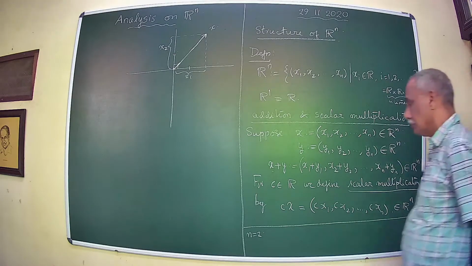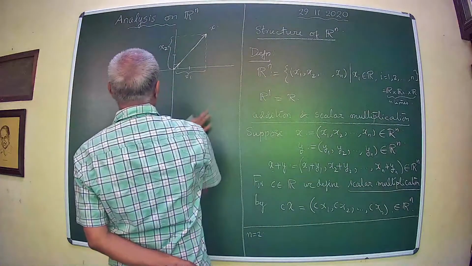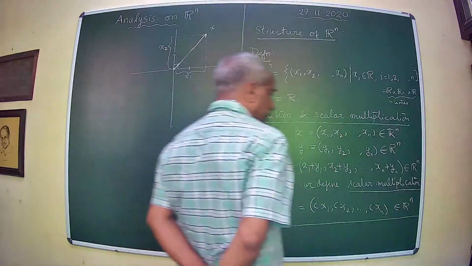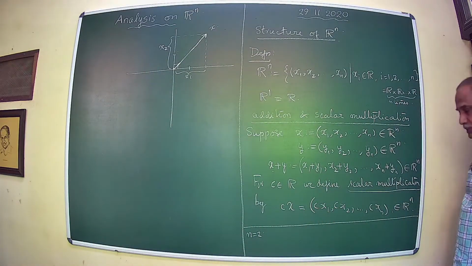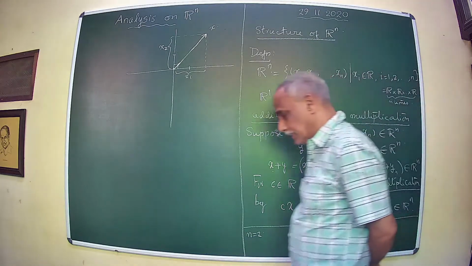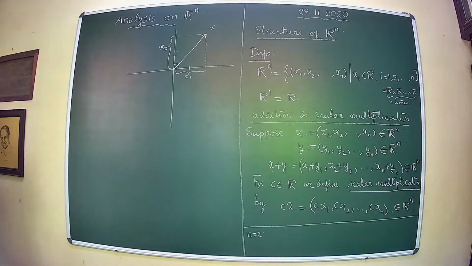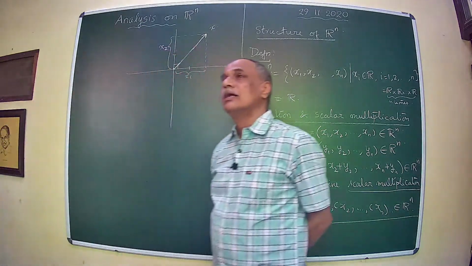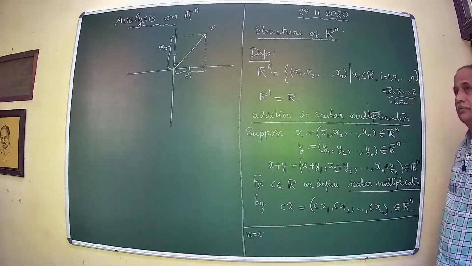Now we choose another point. So every point in R2 is identified by a vector. And let us go to the details of vectors that appear in nature, and it is from physics these ideas emerge.